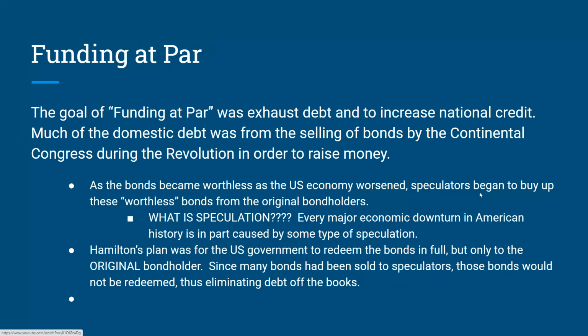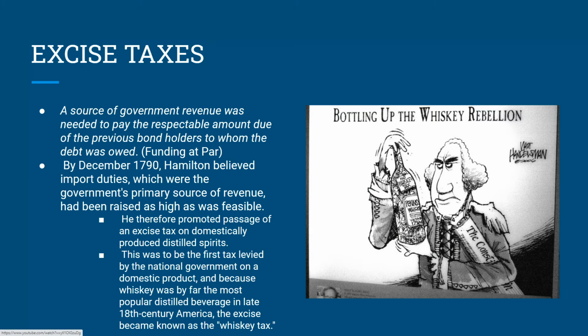And so only Americans who had actually purchased war bonds in their name were allowed to redeem them. But if you had someone else's war bonds and the bonds were in someone else's name, you weren't allowed to sell those bonds. So funding at par, just understand it was a goal. It was a way for Hamilton to really unload a lot of millions of dollars of debt that the government was owed.